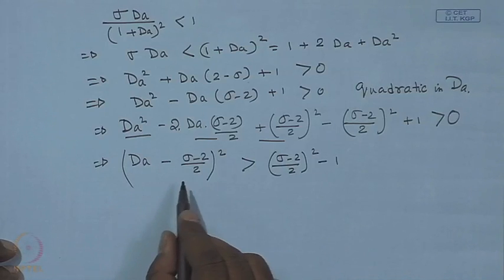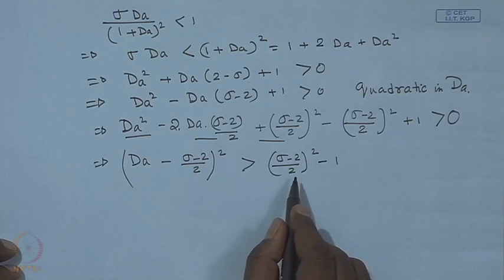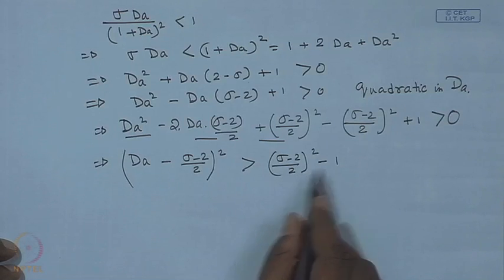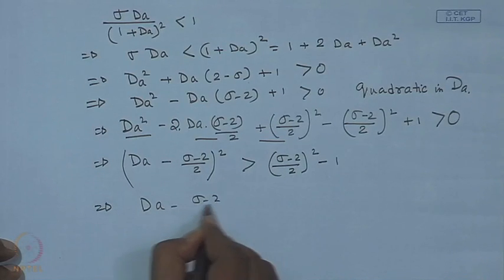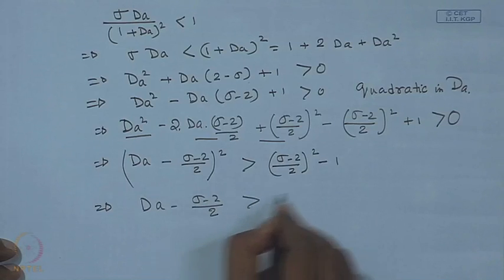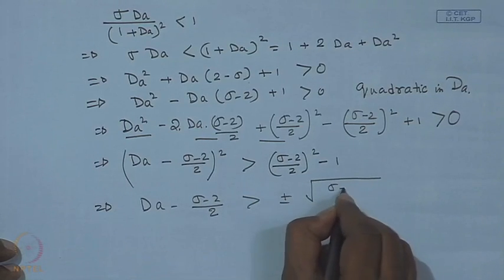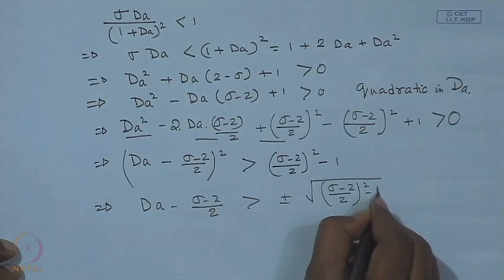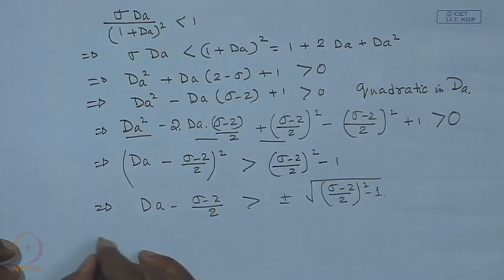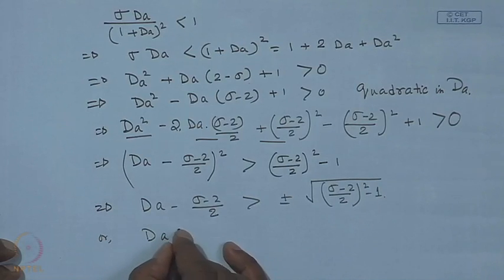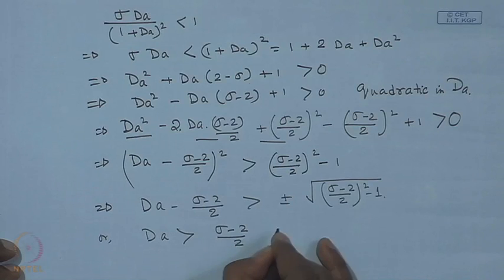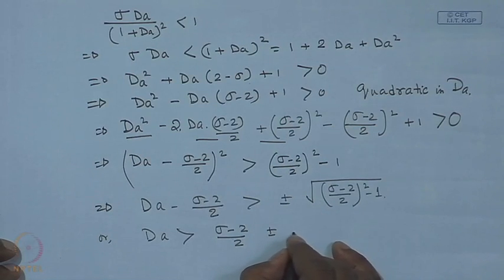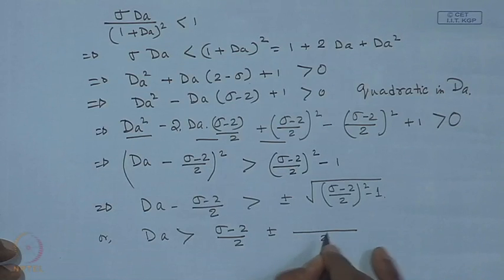Now, we have a perfect square on the left hand side and a form y square minus m square on the right hand side. Just take the square root, and you will get dA minus sigma minus 2 by 2 should be plus or minus the root of sigma minus 2 by 2 whole square minus 1. You can take the sigma term to the right hand side and come to the conclusion that dA should be greater than sigma minus 2 by 2 plus or minus, and simplifying this equation, 4 comes out of the root as 2.